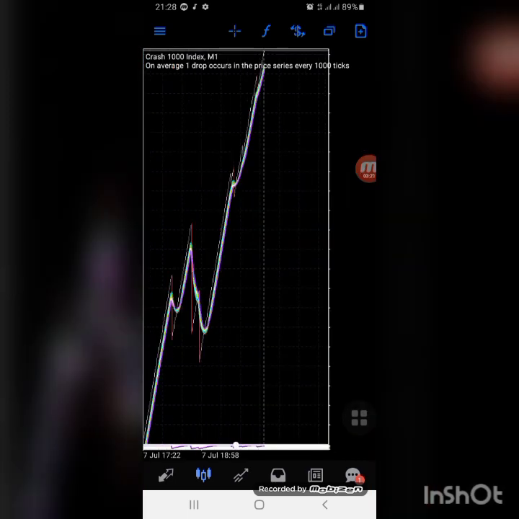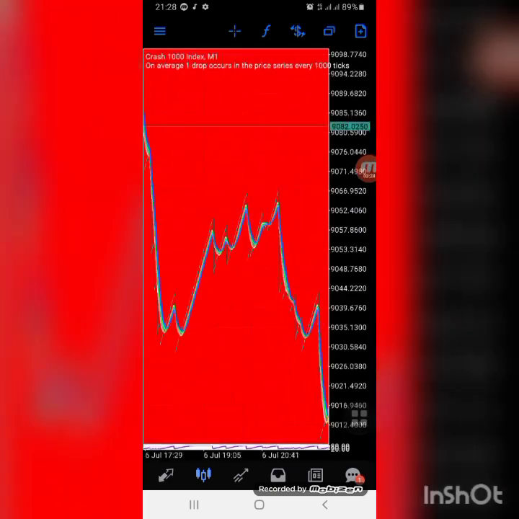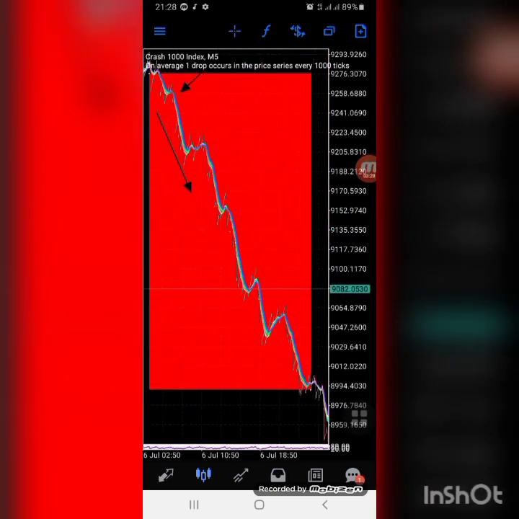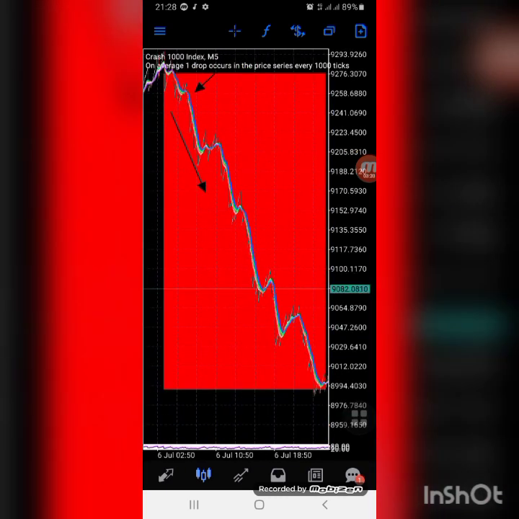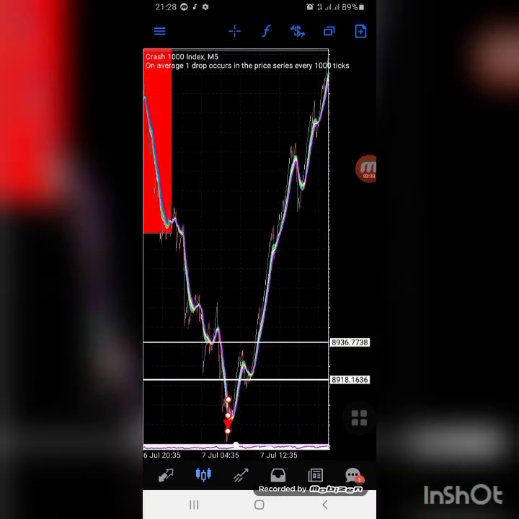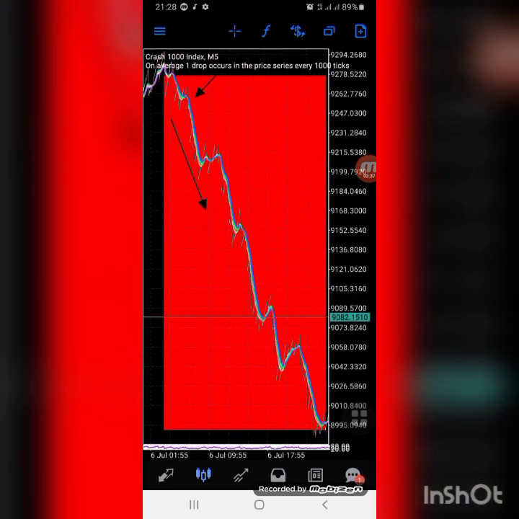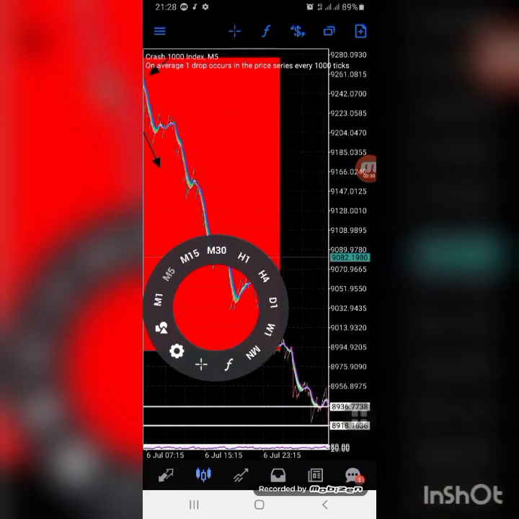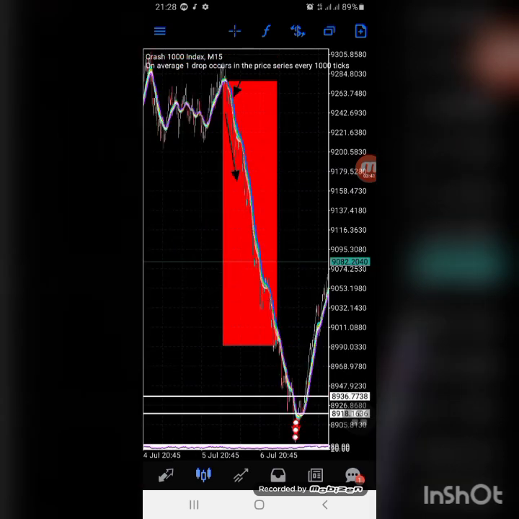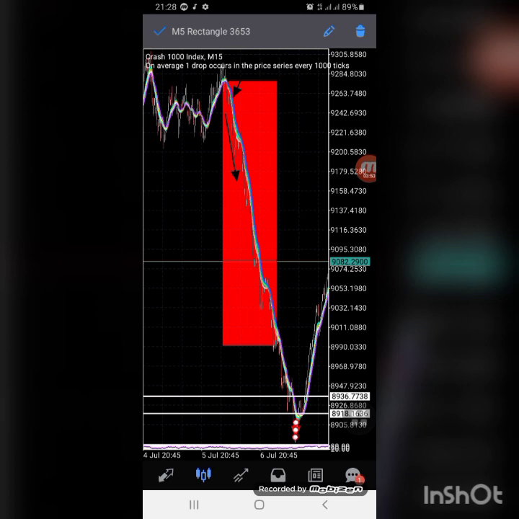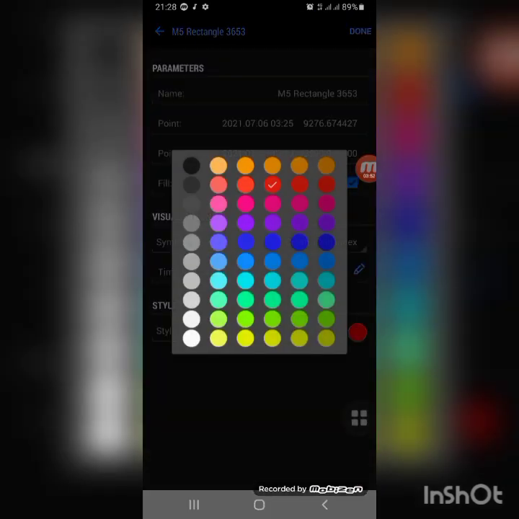This color is too shouty. I don't know why my chart is doing like this. What is happening to my chart? Let me use that time frame to see. I want to change the color of this to something that we can see easily.